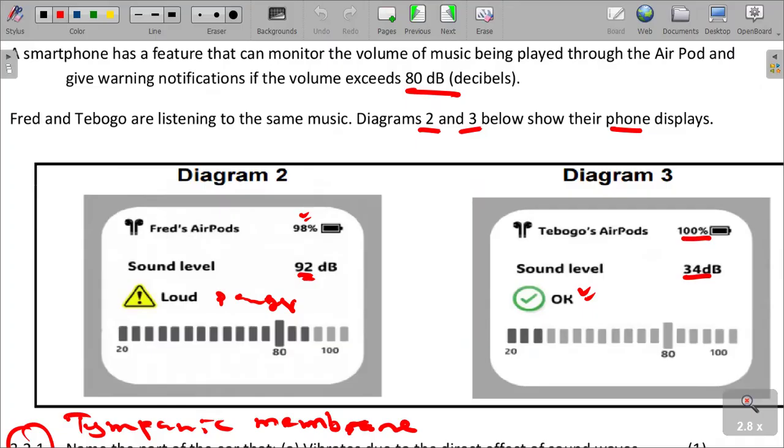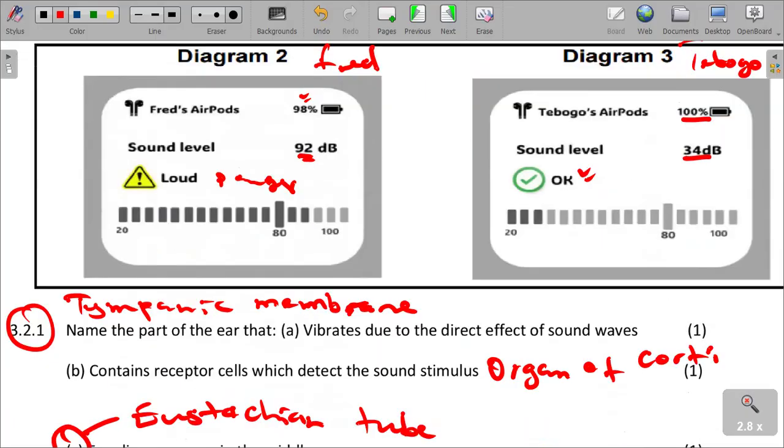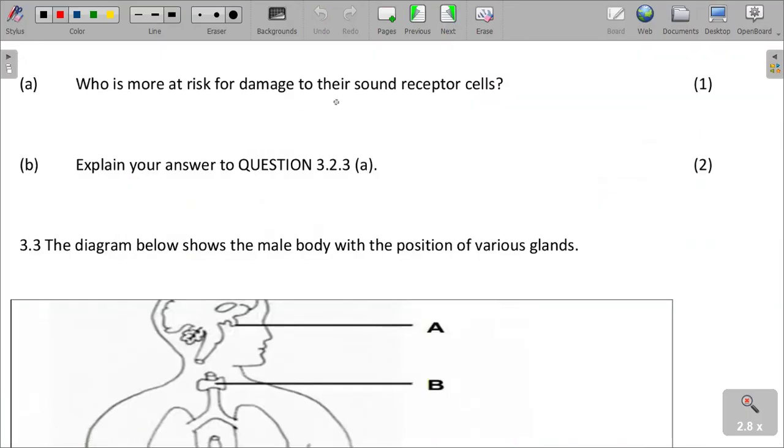So now, this is Freddy and this is Tebuho. This one is saying too loud and 92 decibels, so it is the one that is at risk. So who is at risk? It is Freddy.